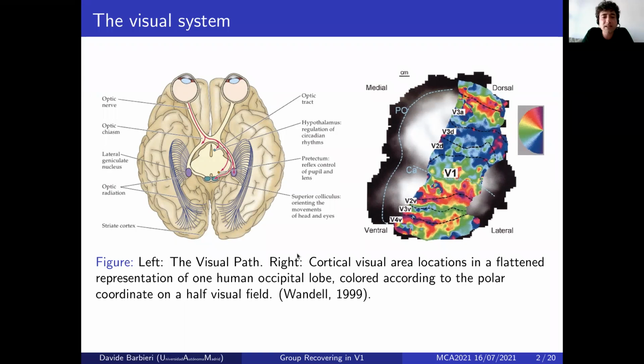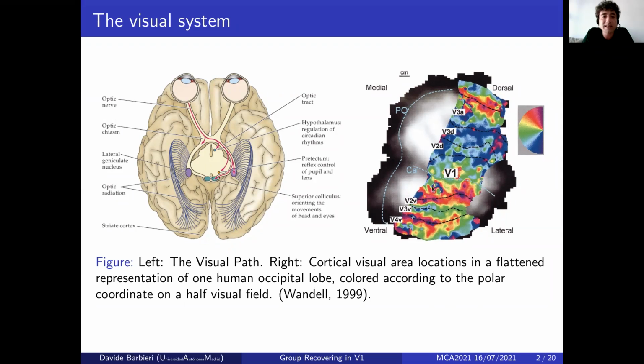It is a highly structured area with many sub areas, and I will not go even close to digging into the structure of the whole visual cortex, but just stick with a very simplified vision of area V1.